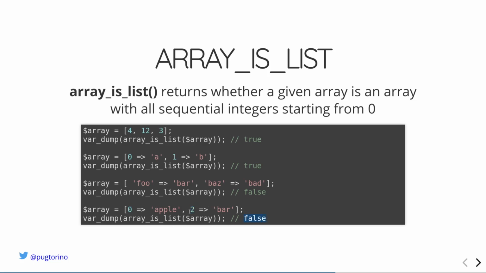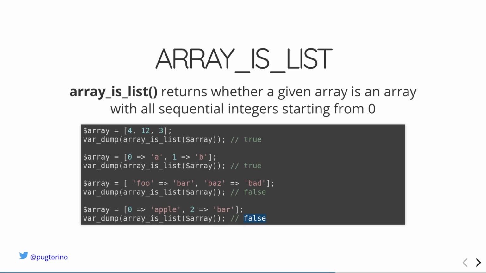So there is an empty element because the index 1 is not present in the list. Imagine that you created an array and you do an unset, for instance, of an element. You are basically creating a hole in the array, and so this is not a sequential value, a list basically. That's why it will return false.